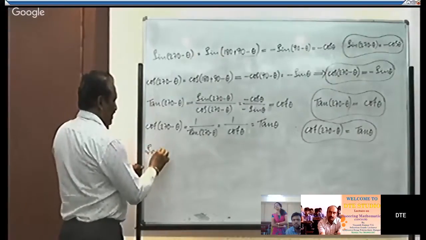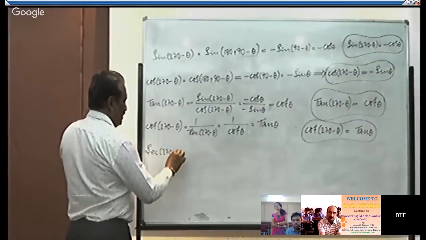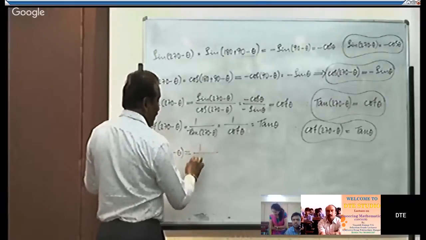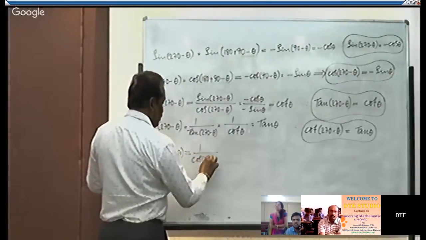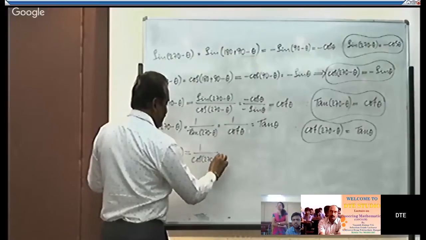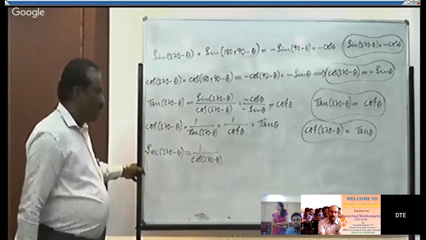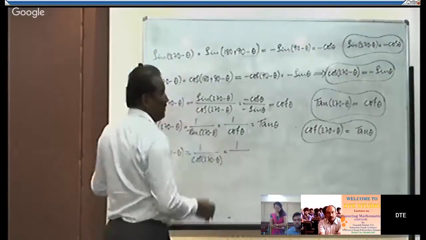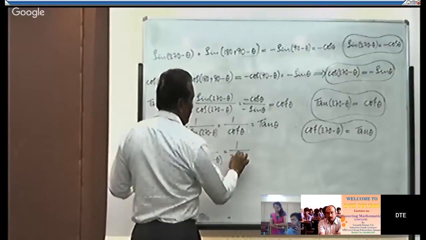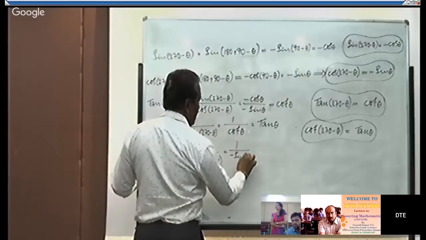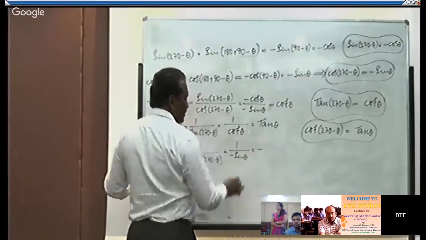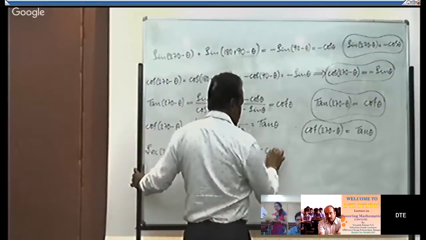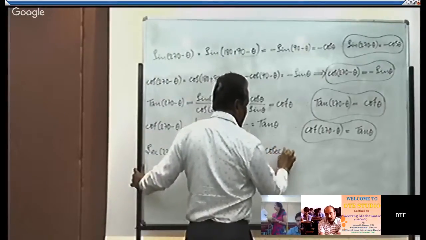Then secant of an angle, we know that it is a reciprocal of cos. It is 1 by cos of 270 minus theta. But we proved cos of 270 minus theta is minus sine theta, so minus 1 by sine theta is equal to cosecant theta.